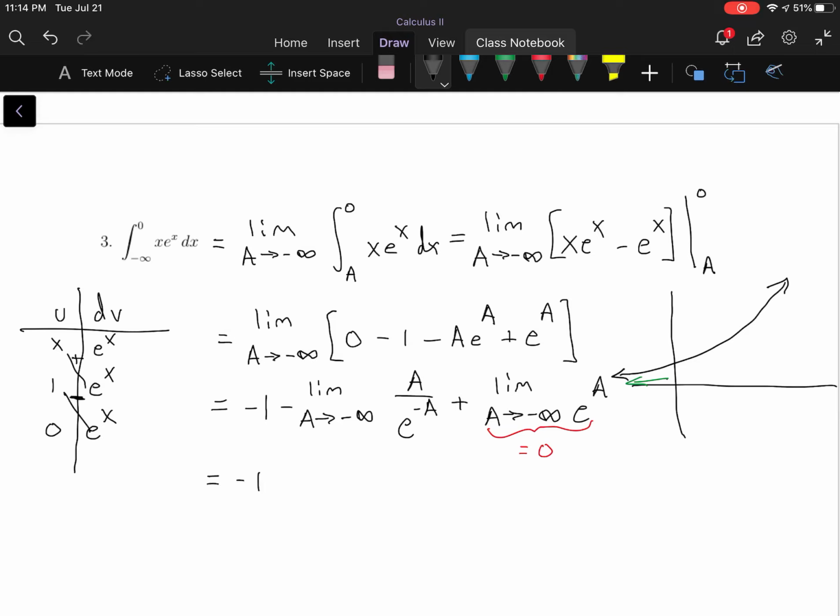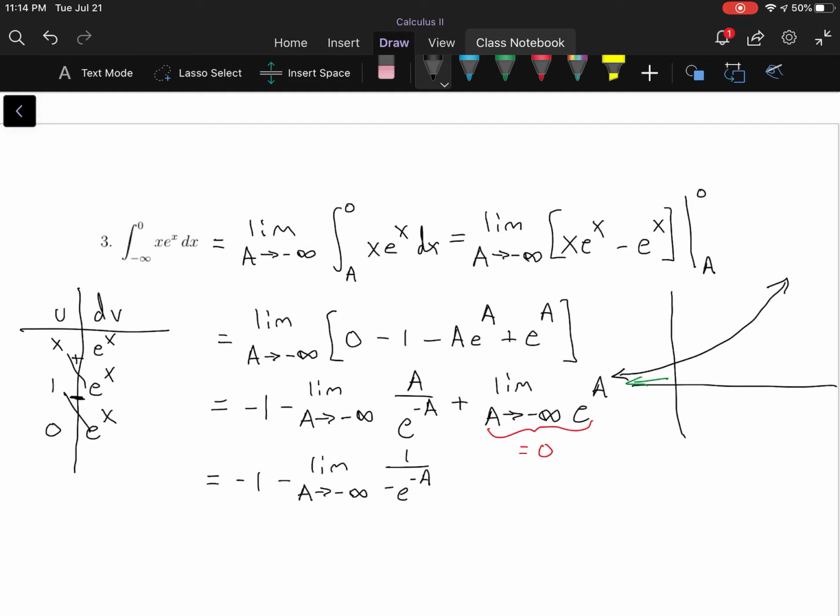So we've got -1 minus the limit as a goes to negative infinity. And L'Hopital's, remember you take the derivative of the top. A is your variable, so the derivative of a is 1. And the derivative of the denominator is negative e to the negative a. And that second limit is 0, so I'm just going to zero it out.